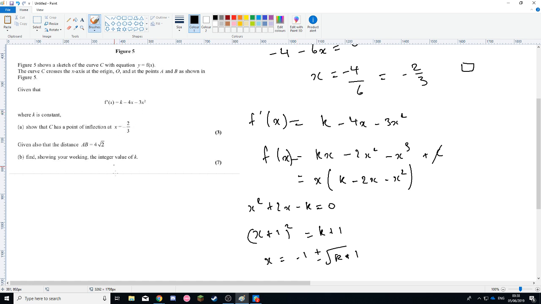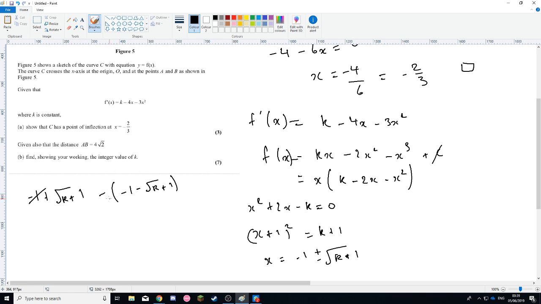Is k positive? We don't know. But we do know that the distance between A and B is 4 root 2. So the distance is going to be the difference between these. Let's say minus 1 plus root k plus 1 is B, the more positive one. Subtract minus 1 minus root k plus 1.